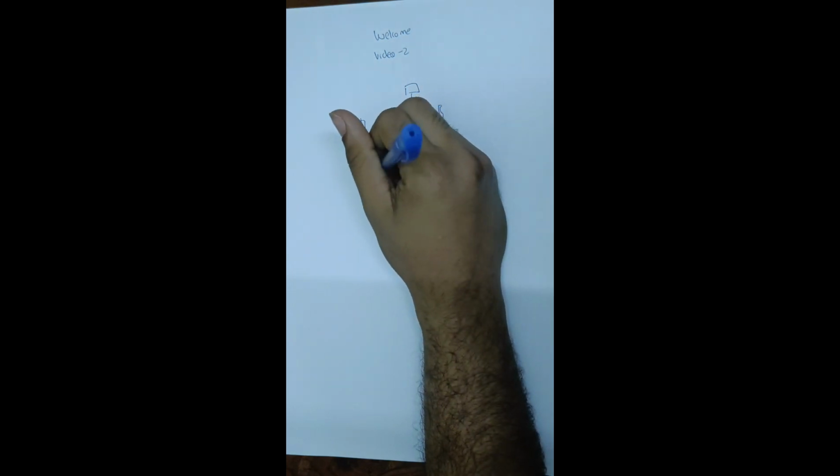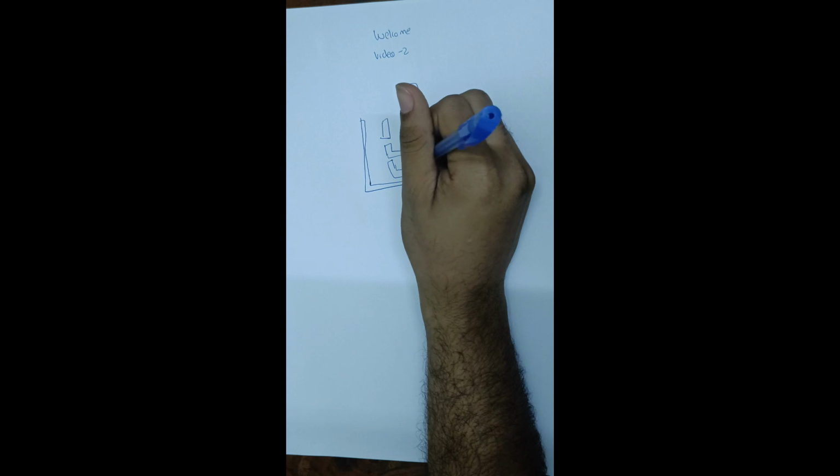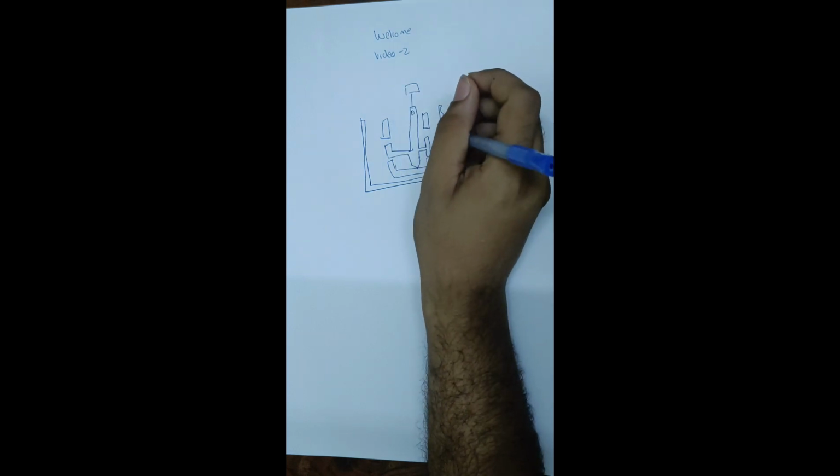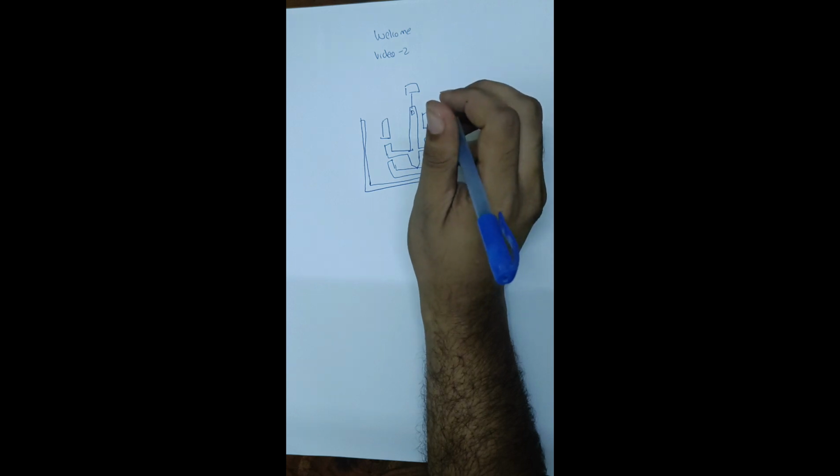The fluid is placed between the two cup arrangement, and the outer cup is made to rotate with a constant angular velocity of omega naught.